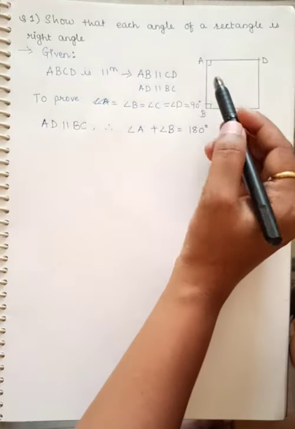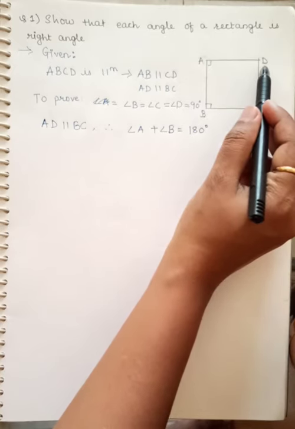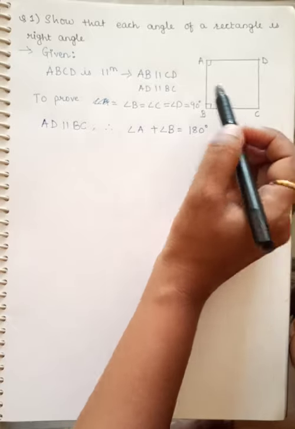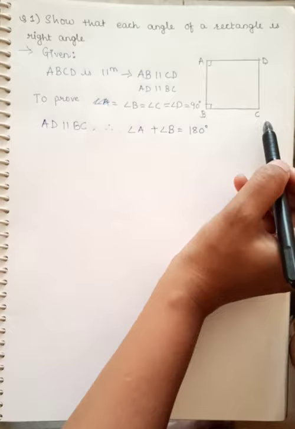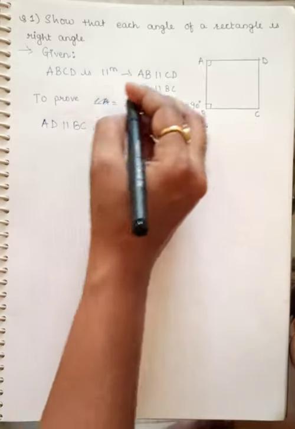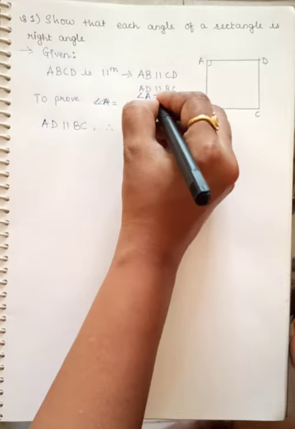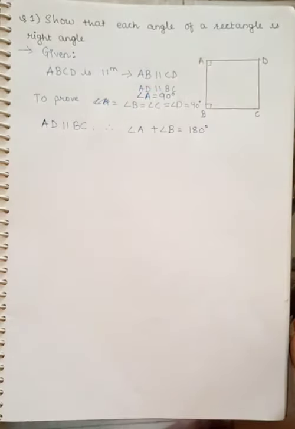Okay, it means this quadrilateral ABCD which I have drawn is a rectangle, and if it is a rectangle it means it is a parallelogram, hence I have written AB parallel to CD and AD parallel to BC because that is the definition of parallelogram, and also one angle is equal to 90 degree. Okay, so now you have to prove the remaining three angles are also 90 degree.